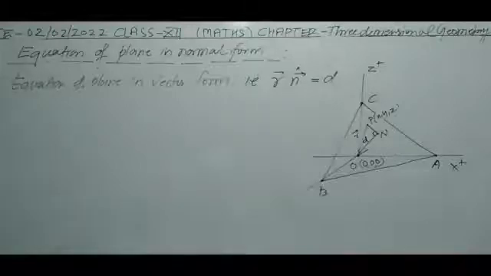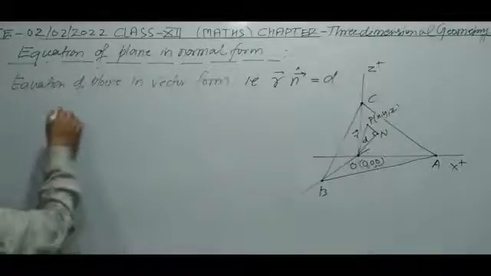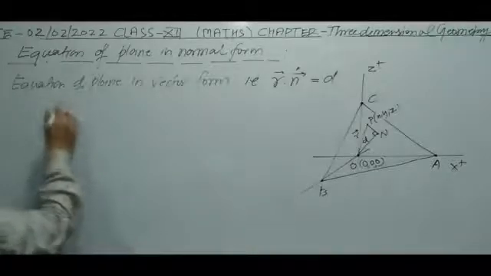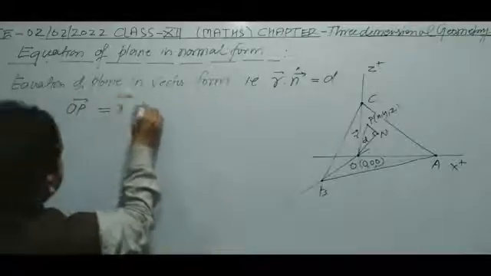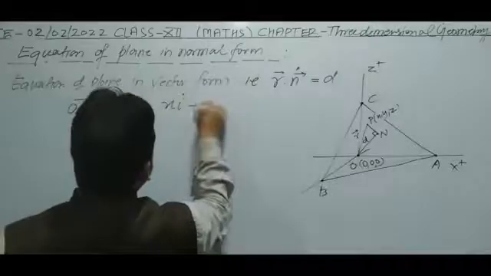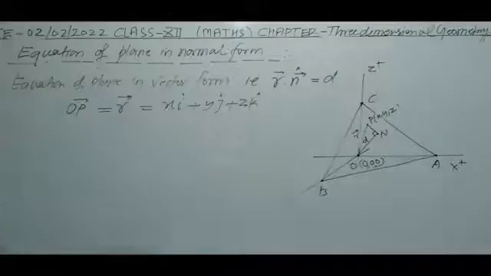So you know, since vector r is equal to OP from figure, OP is a vector and its measurement is vector r, and this one we can write in terms of Cartesian xi plus yj plus zk. This is the Cartesian form.